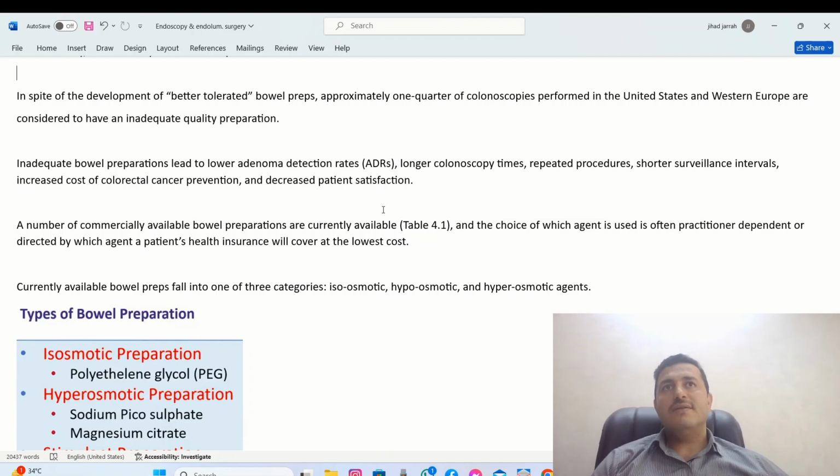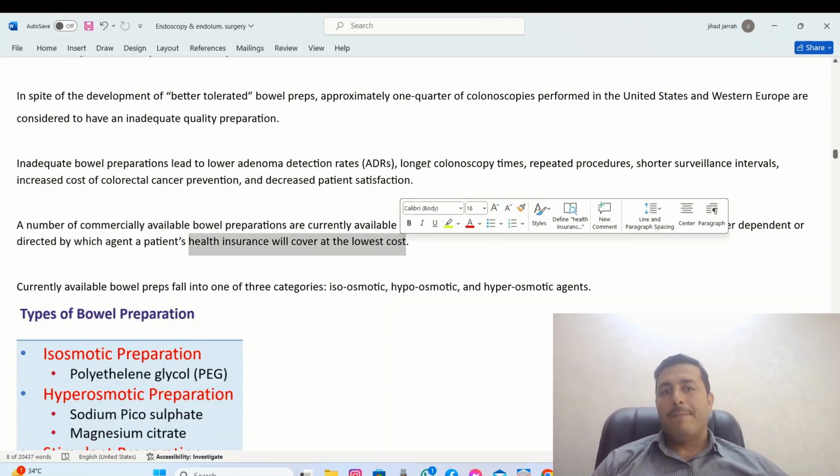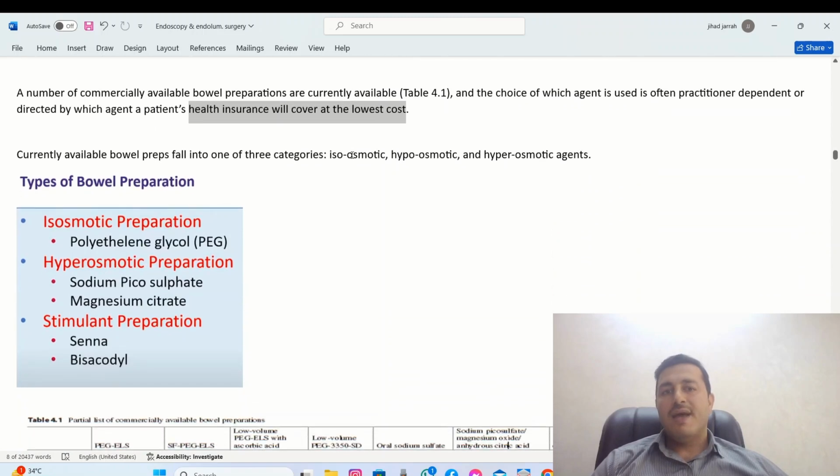Another factor is the patient condition. We will see that some types of bowel preparation are relatively contraindicated in some patients. And the third factor that may affect the selection of bowel preparation is the insurance coverage and, of course, the lower cost of the preparation.